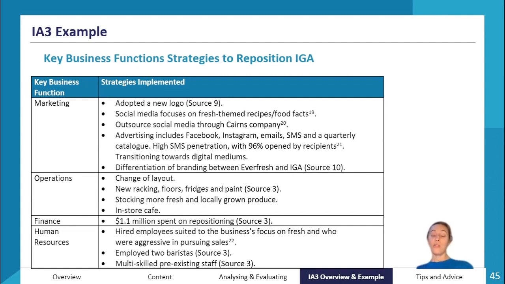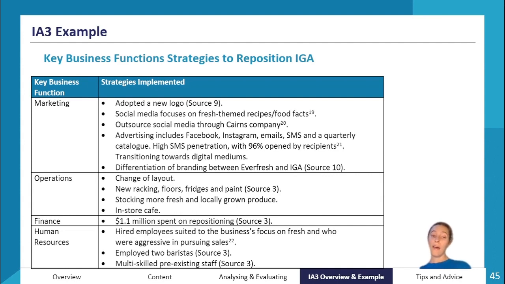For marketing, there's usually going to be something that's happened with the repositioning. So it can be adopting a new logo, it can be social media changes, advertising, and all of those elements of marketing. Operations, so in this case, a change of the store layout, new racking and floors and things like that.